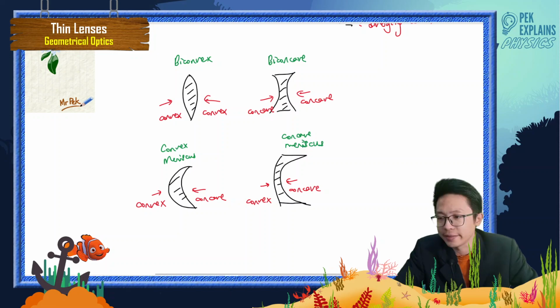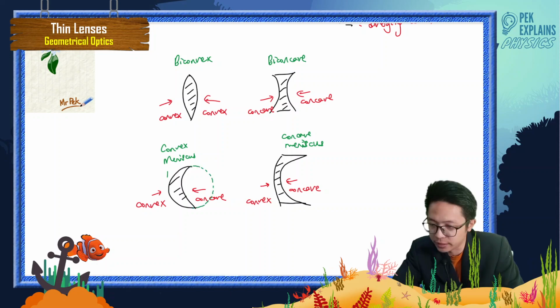In the convex meniscus, the convex surface is a smaller sphere. The first surface is a smaller sphere, so this is R1.